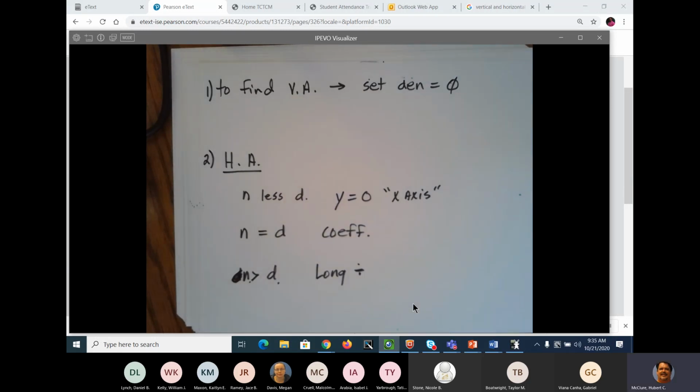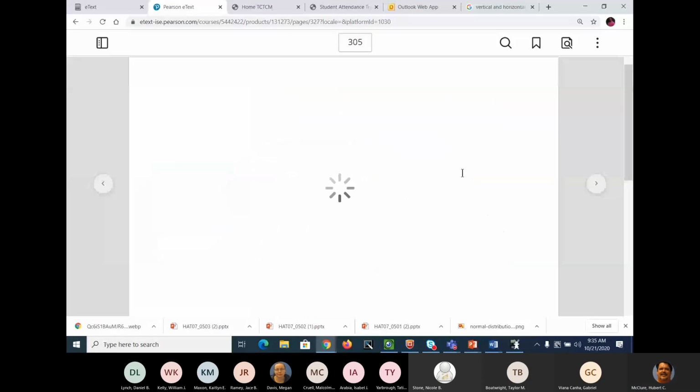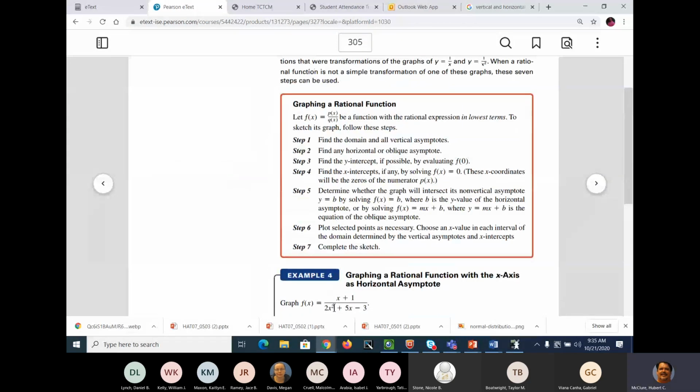So let's look in the book and let's just find one so I don't have to make one up, because I don't want to make one up. So let's find one. Okay, here's one right here. So I want you to write that down.